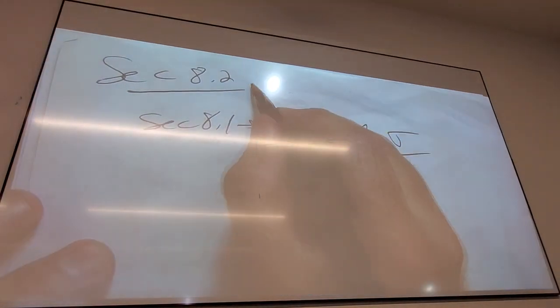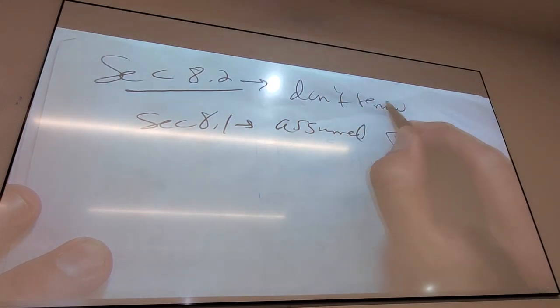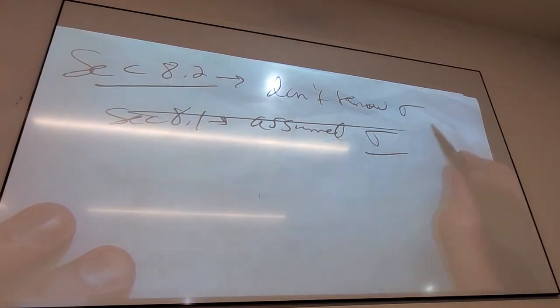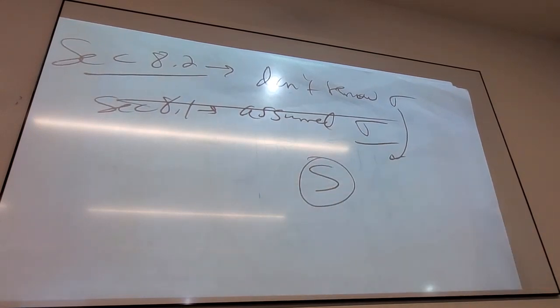So in 8.2, we don't know sigma. If I don't know sigma, the next best thing is S. S is an approximation for sigma. If I take a sample, the sample mean is an approximation for mu. The sample standard deviation is an approximation for sigma.